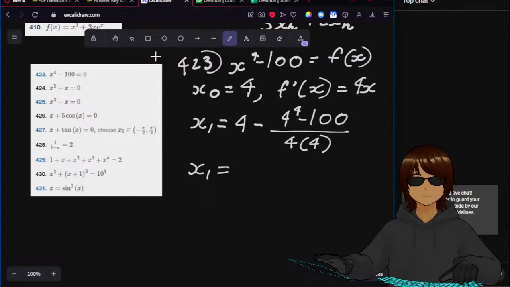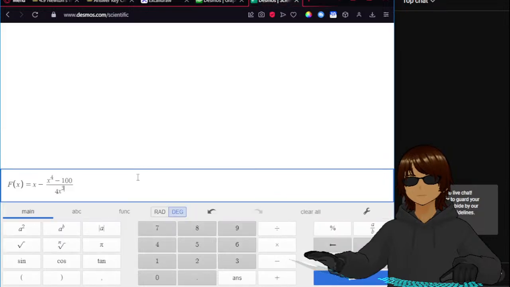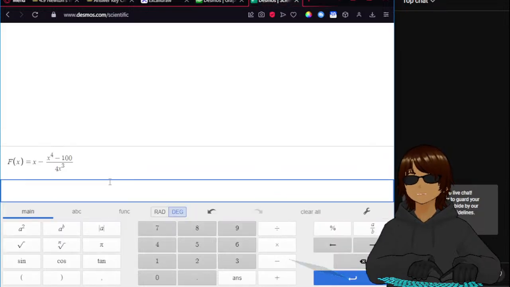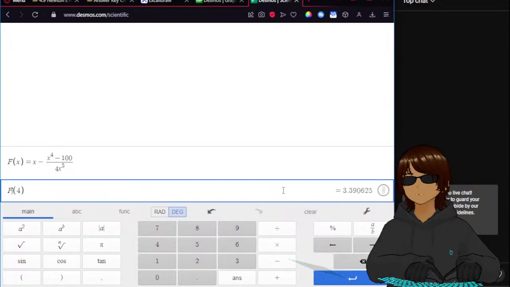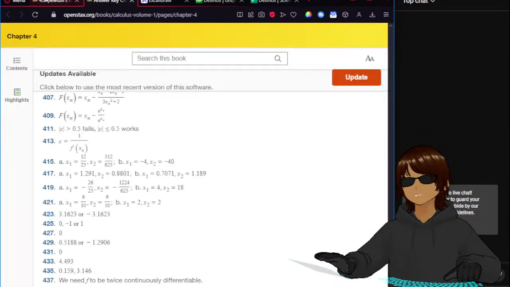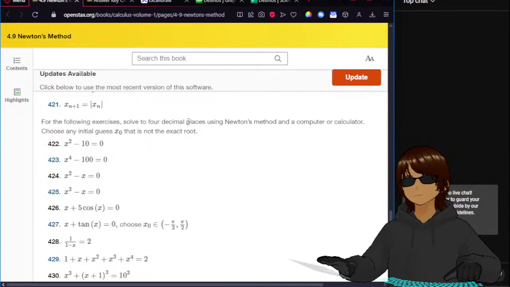This is for x cubed. So let's see, x4. Why is it giving an error? Oh, 3.3906. They said 4 decimal places, right? Solve to 4 decimal places using Newton's method.